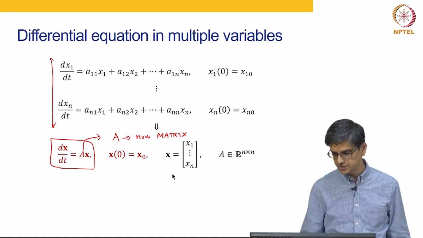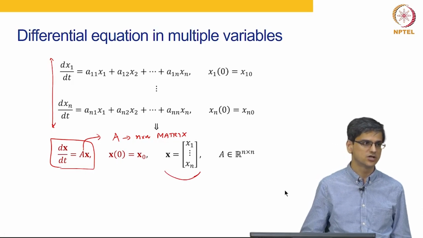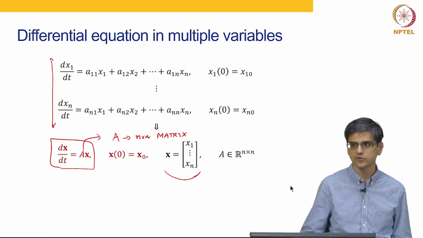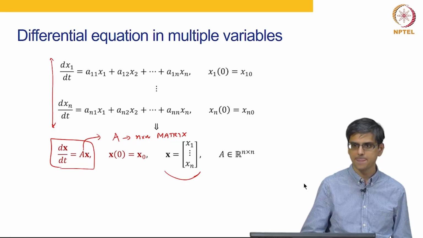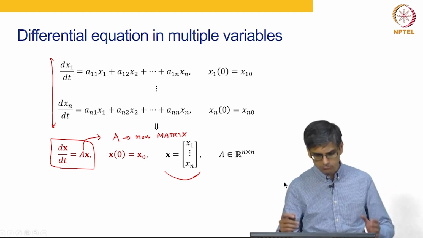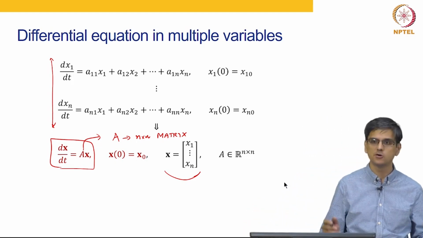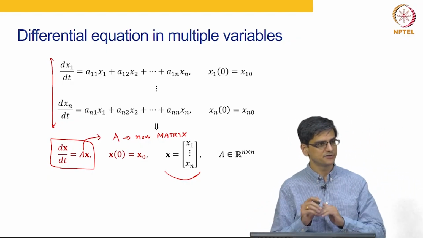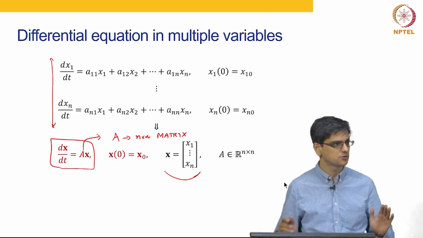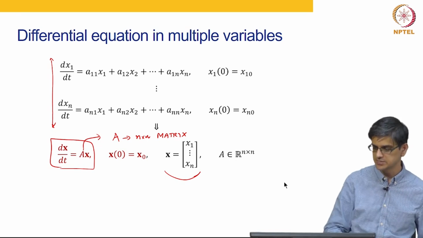A is a matrix that is going to map an n dimensional vector onto itself, and A is what we call a linear mapping. Again, if you have heard about linear operators, great. If you have not heard, absolutely no problem, that is what we are going to spend an entire week on studying.